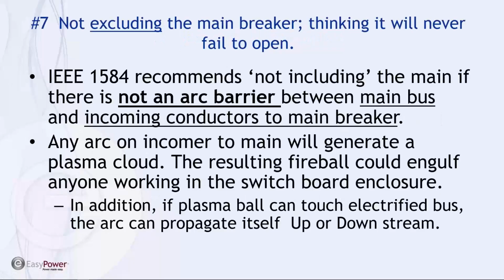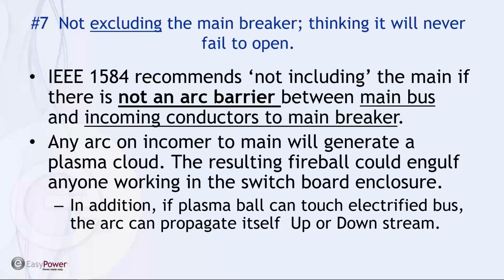Number 7 is not excluding the main breaker. In the data collection description of 1584, it describes the data collection process of assessing the maintenance condition of large or poorly maintained breakers and consider whether or not they should be included in the study or not.